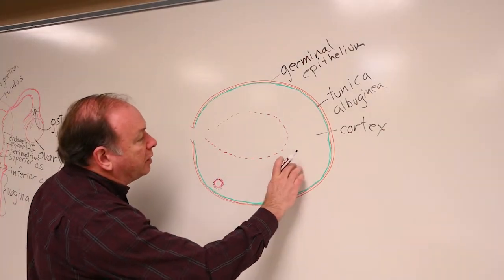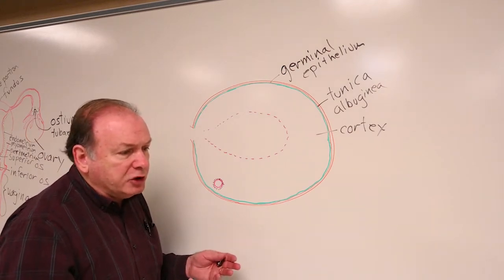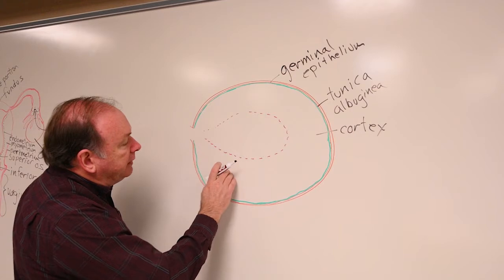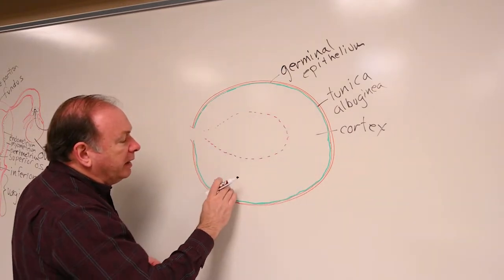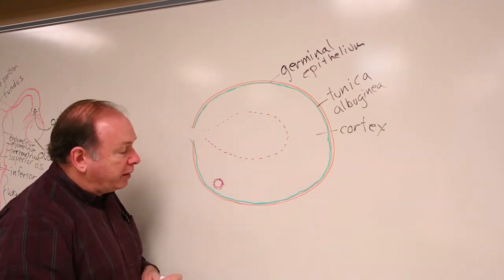And this outer cortex in the young individual before puberty and in the early years of youth is populated with hundreds and hundreds and hundreds of these primordial follicles.